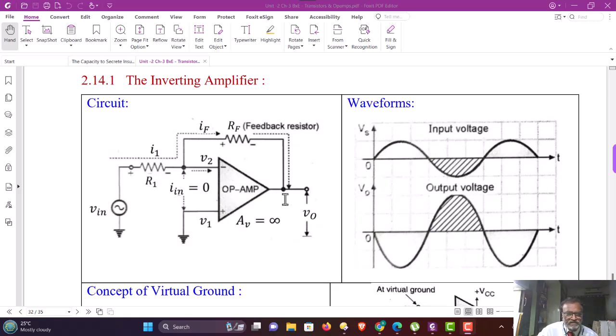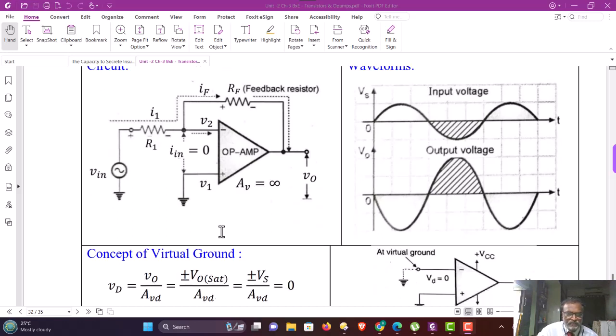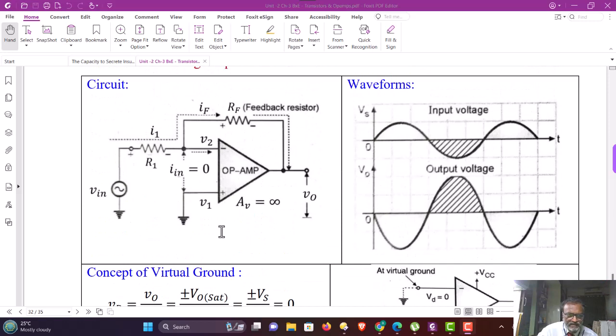Now in this case, the non-inverting terminal, that is voltage V1, is grounded, means it is 0. There is a concept of virtual ground in this operational amplifier configuration. Now, what is the virtual ground concept?